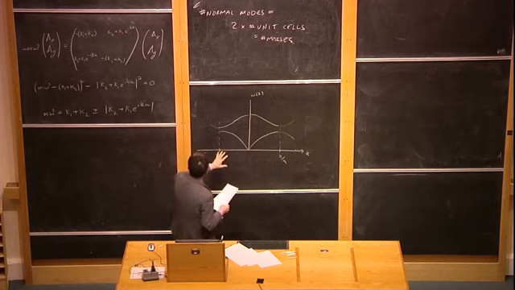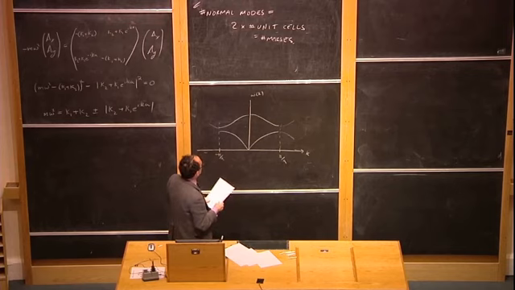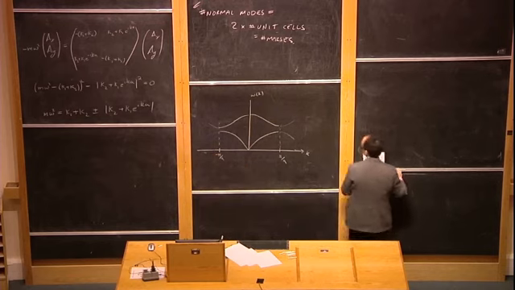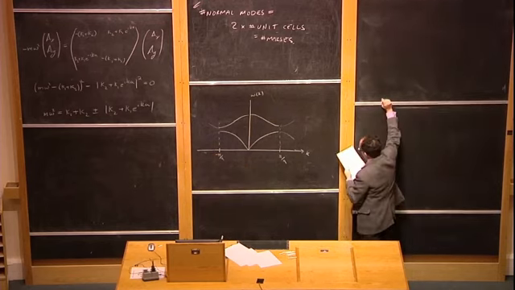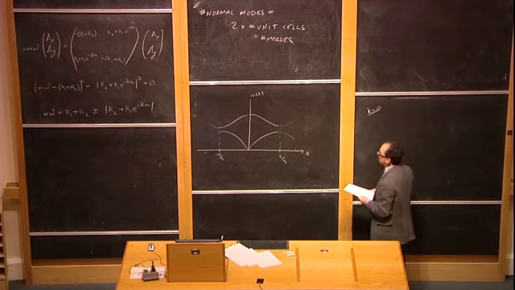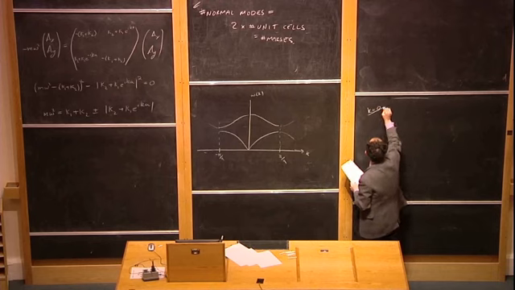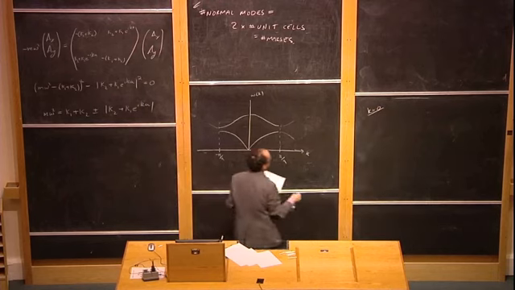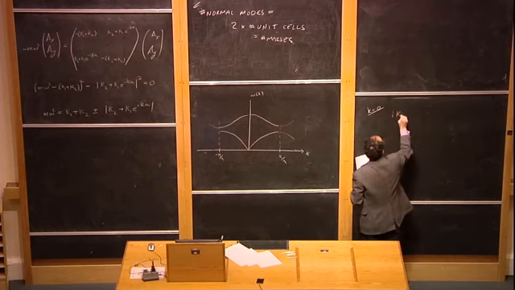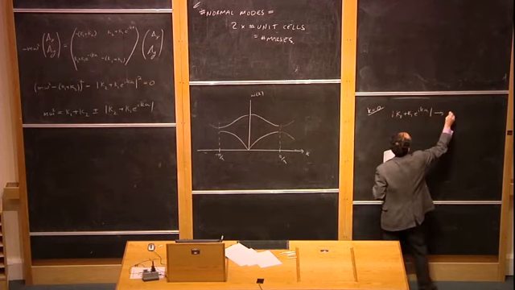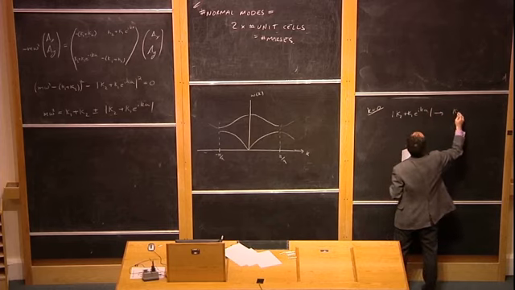Now, it's useful to look more carefully at this plot and see why it looks the way I've drawn it. So let's look at some convenient points, maybe at k equals 0. What happens at k equals 0? Over here, we have the absolute value of kappa 2 plus kappa 1 e to the i k a. That goes to just kappa 2 plus kappa 1.